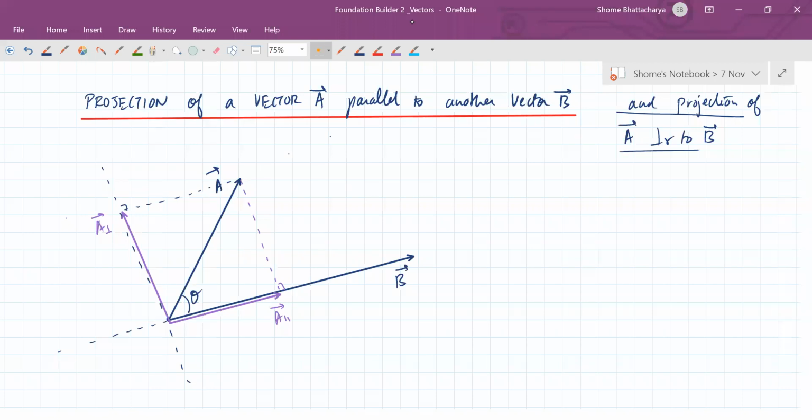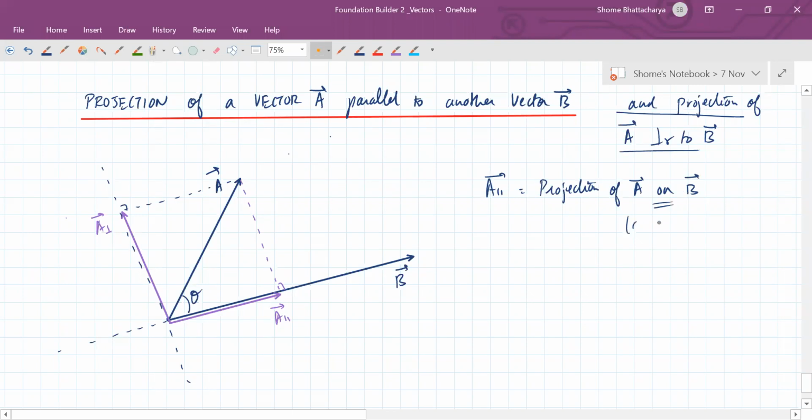Obviously A parallel will be 0 if they are perpendicular, and A perpendicular will be 0 if they are parallel vectors. So that can always happen, but in the general case where the theta is neither 0 nor 180 degrees, both of these will exist. Okay, so here this one is the projection of A, sometimes we say on B only.